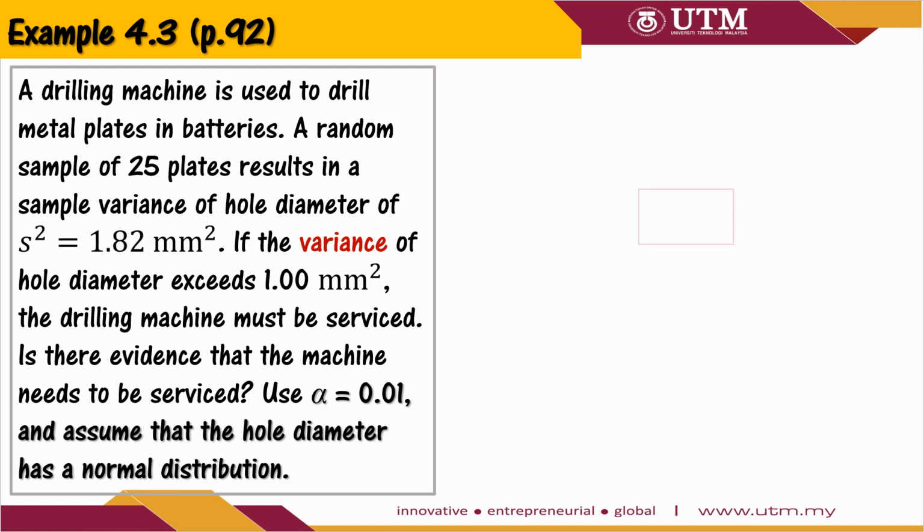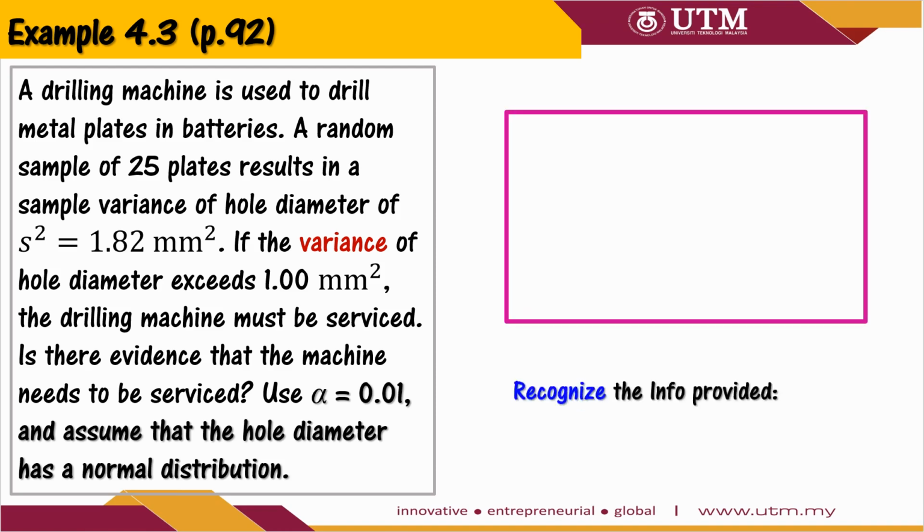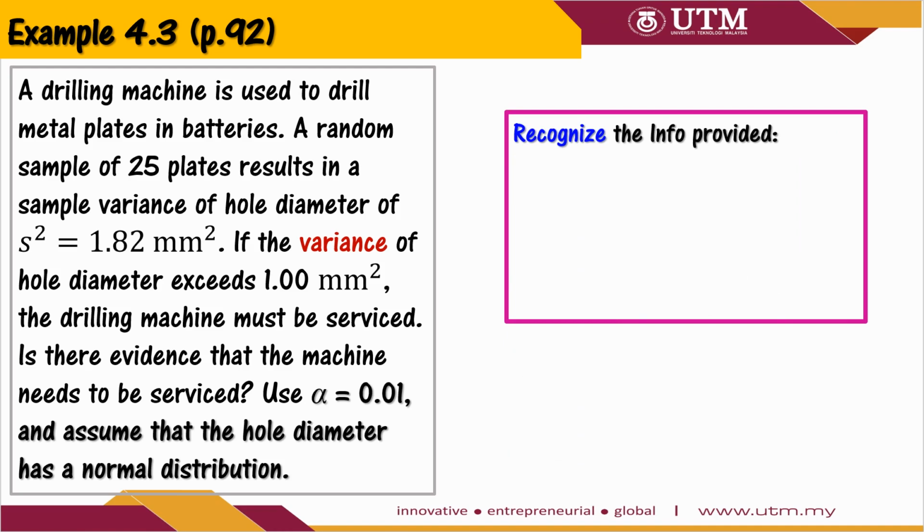As usual, identify or recognize the information provided in the question. Here we have the sample size n equal to 25. We also have the sample variance s squared given by 1.82 millimeters squared. What is the parameter of interest we want to test here?